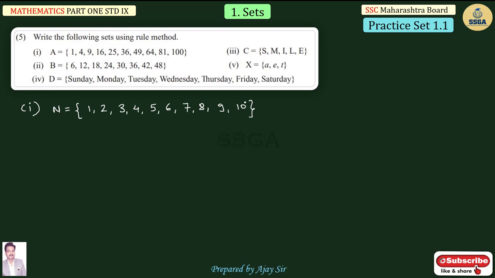If you take the square of each element, then you will get all these elements: 1, 4, 9, 16, 25, 36, 49, 64, 81 and 100.